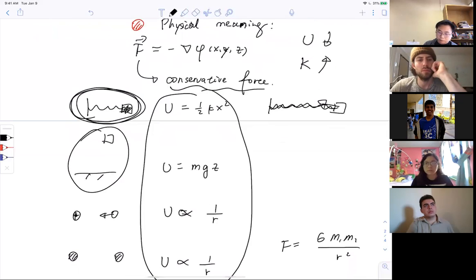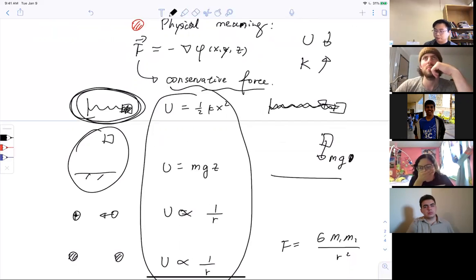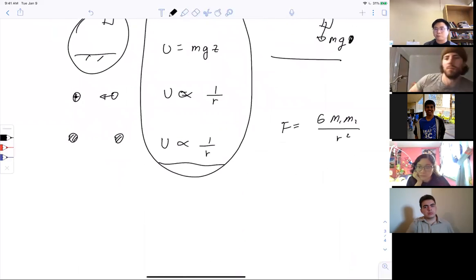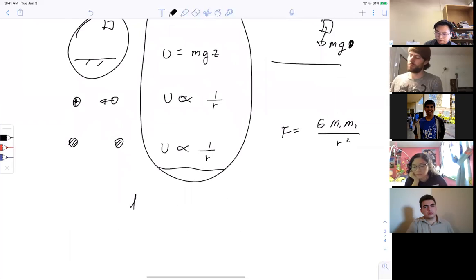Similarly, for the gravitational force, when it is doing work, it is reducing the gravitational potential and increasing the speed, meaning the kinetic energy. However, there's one example which is non-conservative. For example, friction.